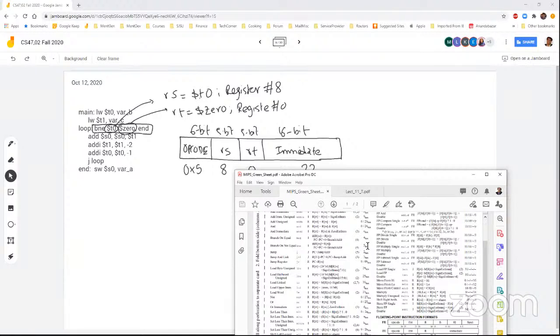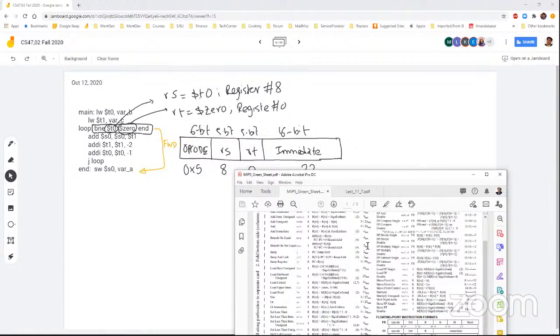make a machine code for this one, and this one is basically jumping. It is saying that if the condition meets, then it will go here. So first of all, this is a forward jump, so this immediate value would be a positive value.